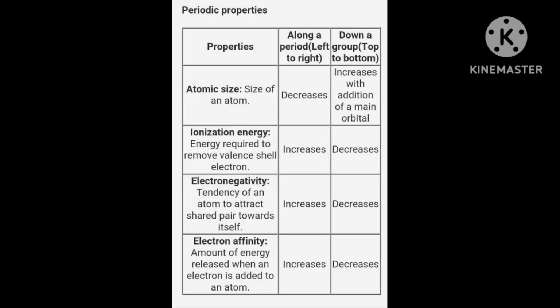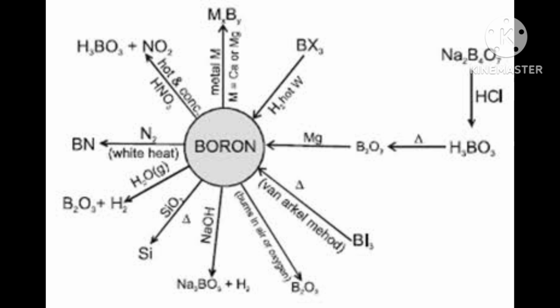Now just you see atomic radius. In picometer it is 88 for boron, aluminum 143, it is bigger, and gallium decreased to 135. Aluminum is 143 picometer atomic radius, and gallium 135, decreased.